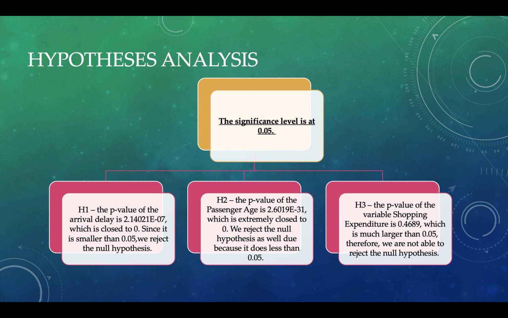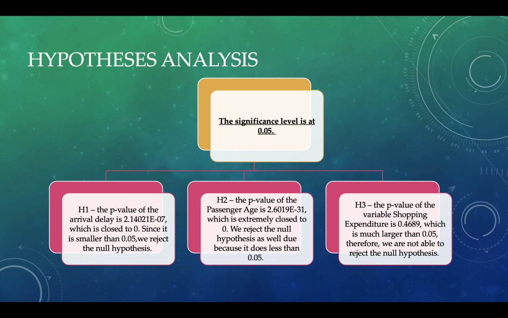Obviously, in this regression model, the p-value is 0, which is smaller than our significance level of 0.05. Therefore, we can reject the null hypothesis. For age, we can find that the p-value is close to 0 as well, so we are able to reject the null hypothesis as well.